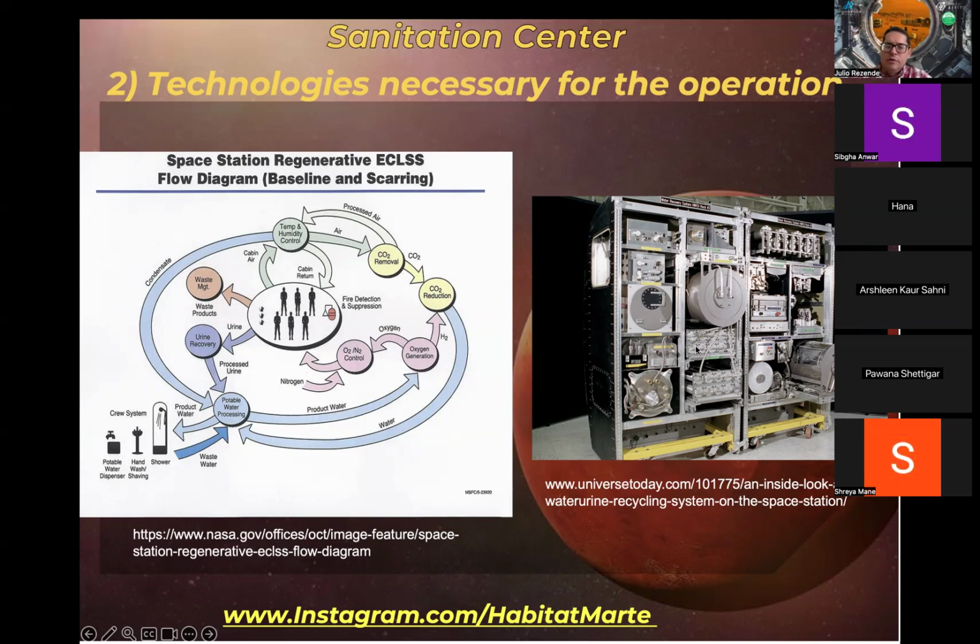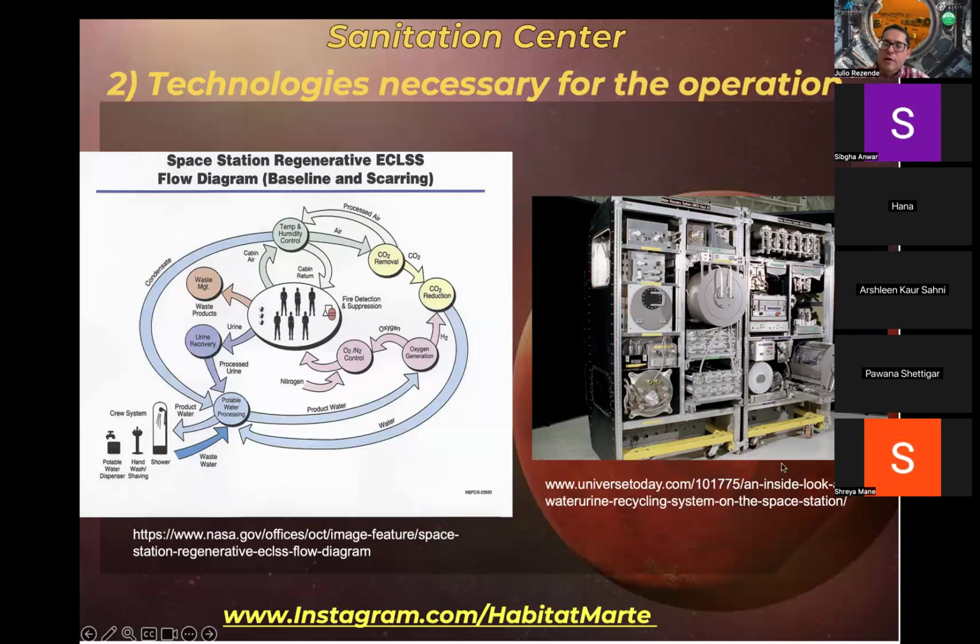It is called the urine processing assembly, and this equipment reduces by about 60 or 70% the water that needs to be transported to the International Space Station, because this system filters and treats the urine of astronauts. This was very important in terms of logistics because it reduced the demand for water transported to the International Space Station.